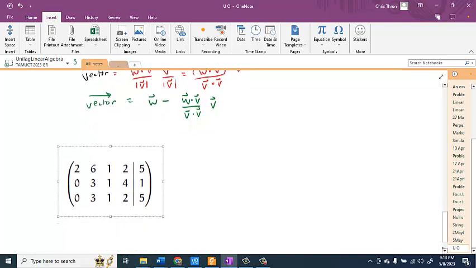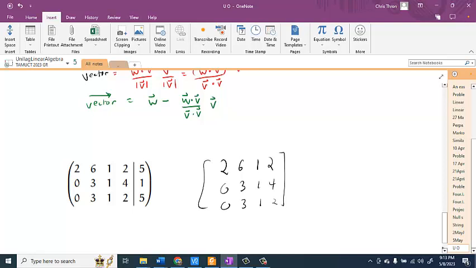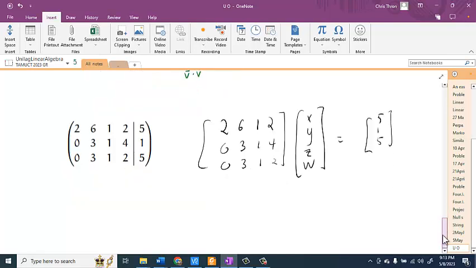What you're trying to solve is the matrix with columns (2, 0, 0), (6, 3, 3), (1, 1, 1), (2, 4, 2), times (x, y, z, w), equal to (5, 1, 5). Sorry, I should make that a column vector, because that's how it turns out. Now, how do you interpret this system of equations?